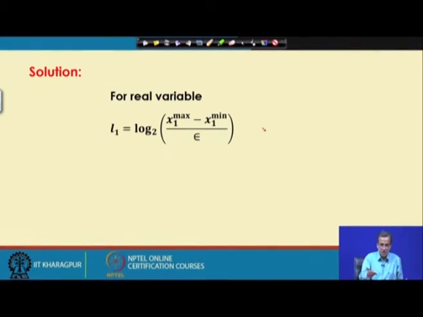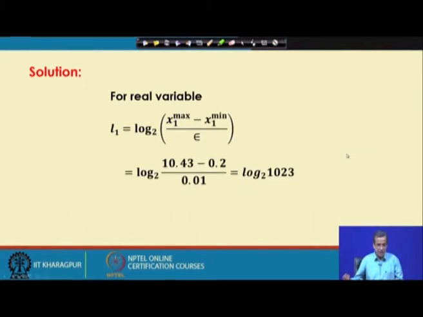Here, what we do is we try to calculate this L1. To calculate L1, we know x1 maximum is 10.43, x1 minimum is 0.2, and the desired accuracy level is 0.01.